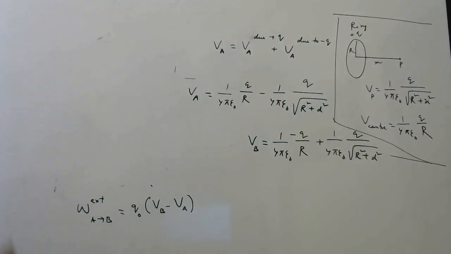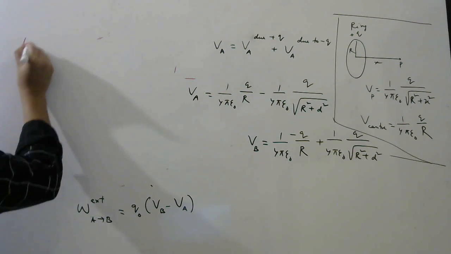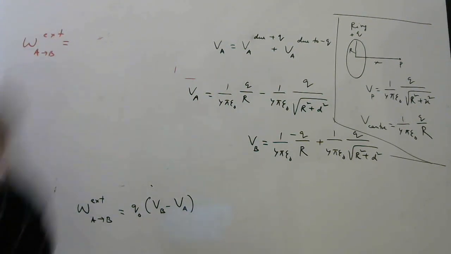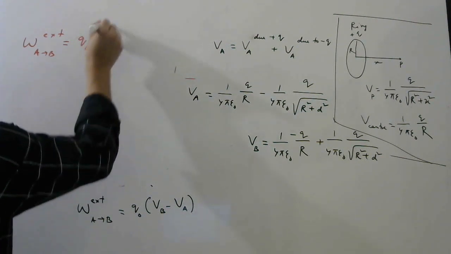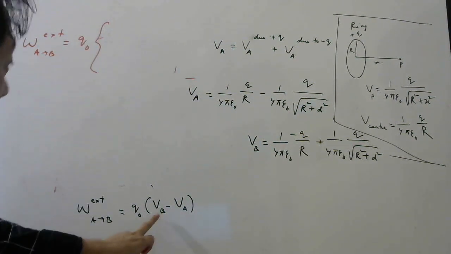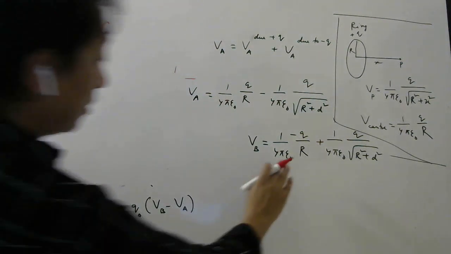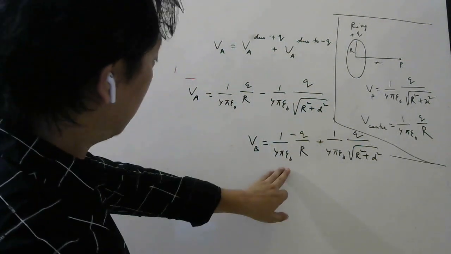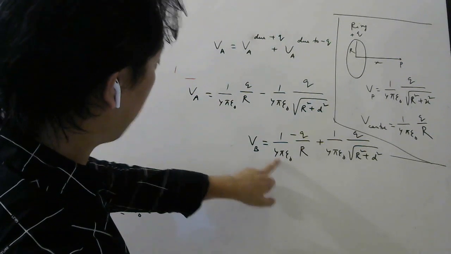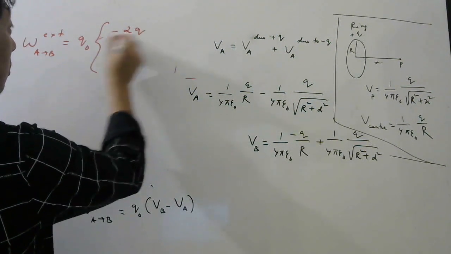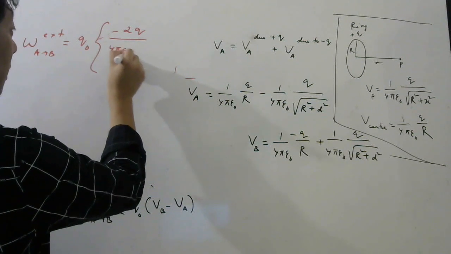So let us do it. Work done from A to B by some external agency will be q naught times (VB minus VA). Let us do this a little faster. This minus this, you see, will be minus 2q by 4 pi epsilon naught r.